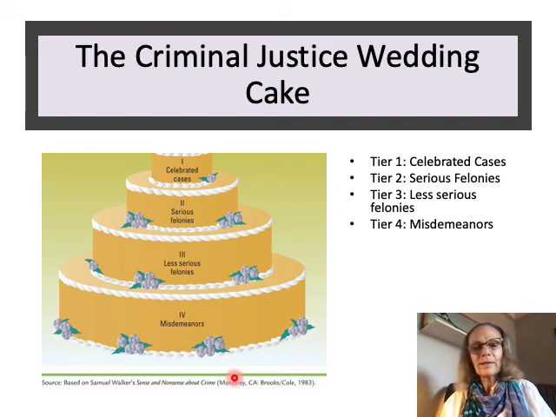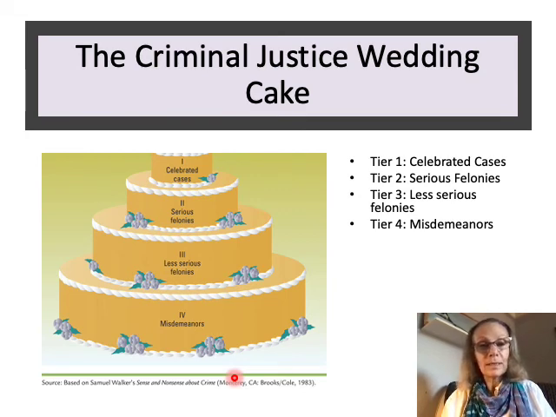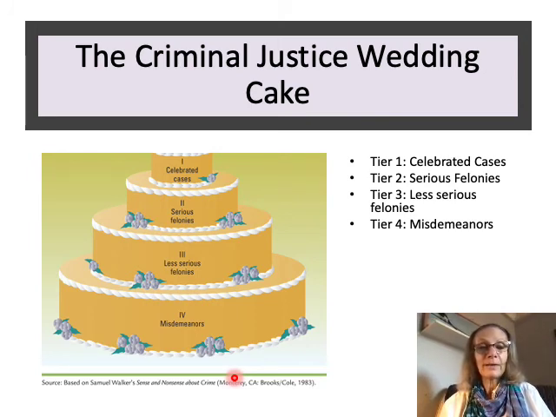It can also send a message to our society that no one's above the law, right? That everyone, regardless of whether you're a celebrity or rich, is going to get serious attention from the criminal justice system. That might be more of an illusion than a reality, but it could be a point of why attention is paid to that.